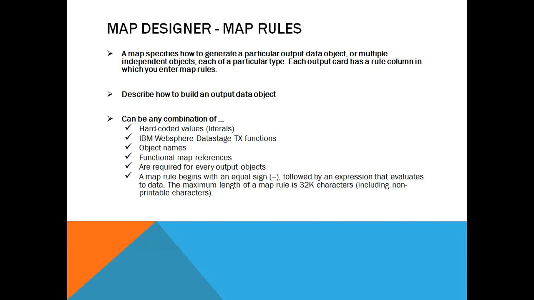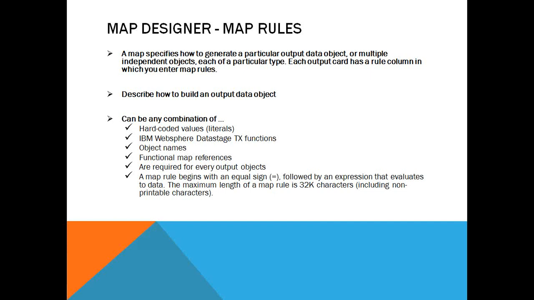Functional map references means you can create the functional map one time. Across your project, assume you have created one functional map. Later, that functional map can be referenced in any future development. It's most commonly used for common functionality, a subroutine kind of thing.